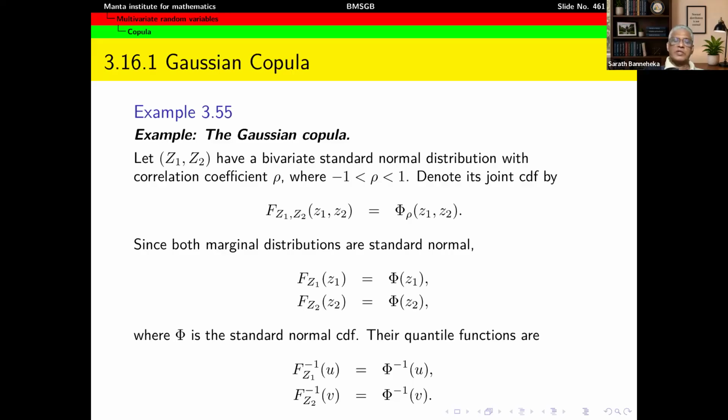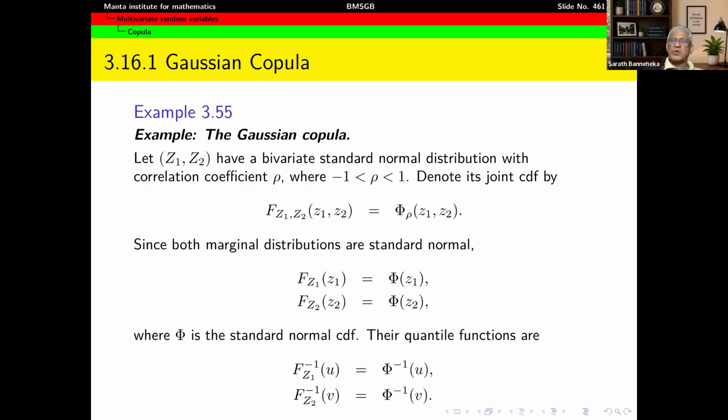We should be able to write down their joint CDF using a copula, right? And that copula is called the Gaussian copula. So let Z1, Z2 have bivariate standard normal distribution with correlation coefficient rho. Right. So in this case also there is going to be a parameter. In this case the parameter is rho, where rho is going to be between -1 and +1.